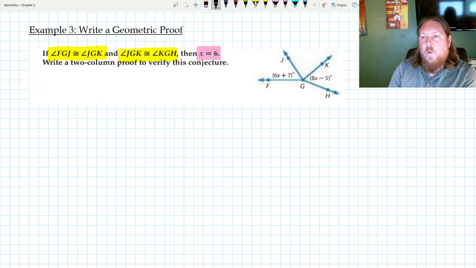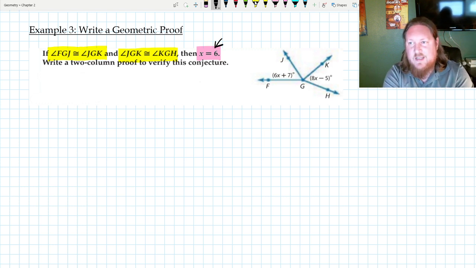Now, we're going to always start off with what we are given, and our conjecture is x equals 6. We have to get down there somehow. So when we start out, you notice we're just given the expressions of angles. So we know we have to change those angles from the generic names to their expressions at some point. And then we have to maybe solve some sort of equation.